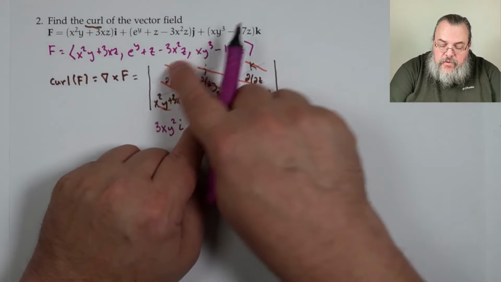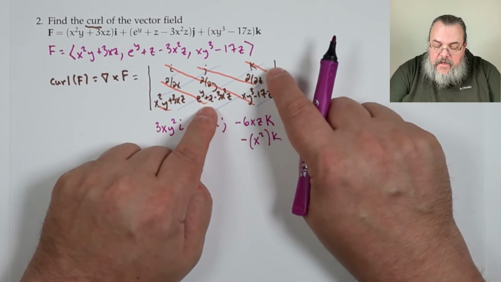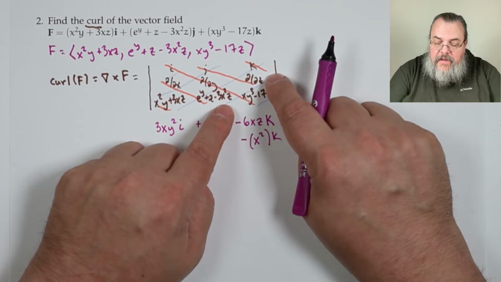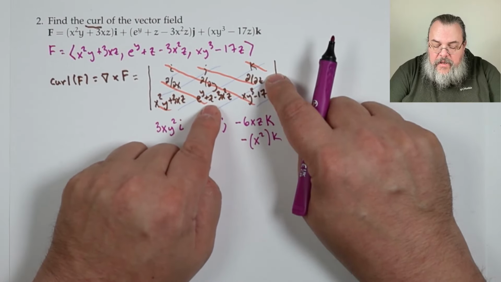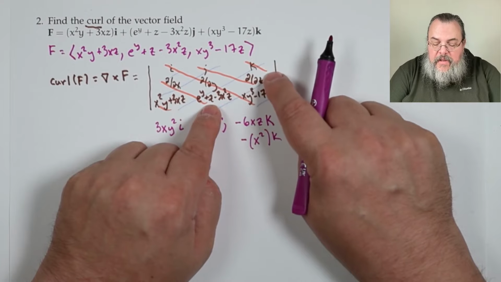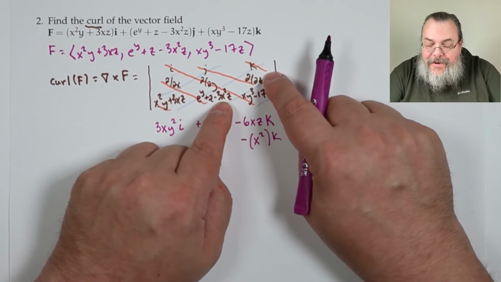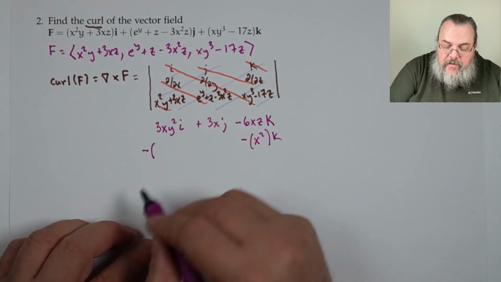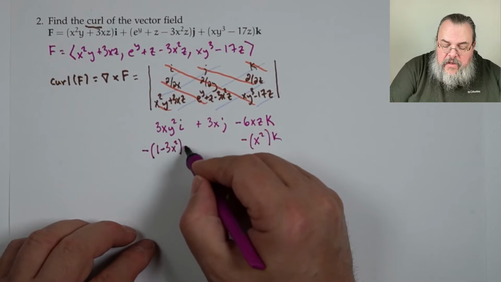Next one, i, partial z of e to the y plus z minus 3x squared z. Okay, well, that goes away. Derivative of z is 1 when we take the derivative with respect to z. And derivative of 3x squared z is 3x squared, right? So we're going to, again, subtract, parenthesis, 1 minus 3x squared, and that's i.